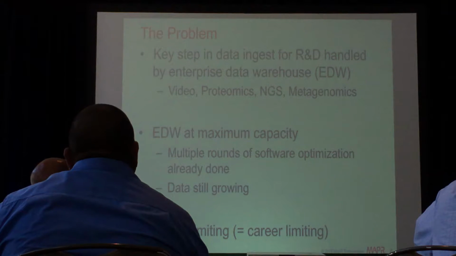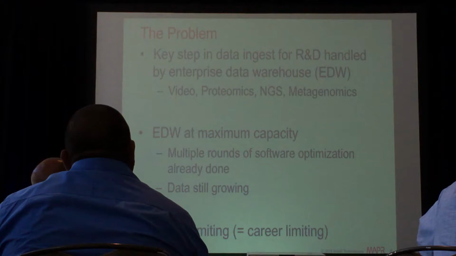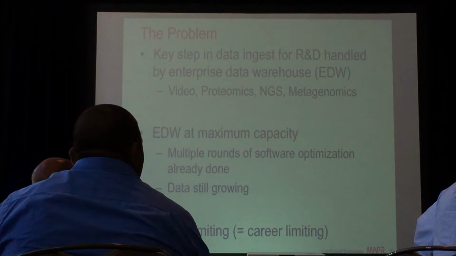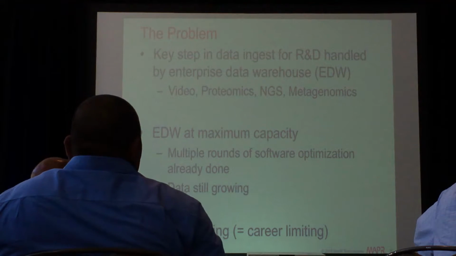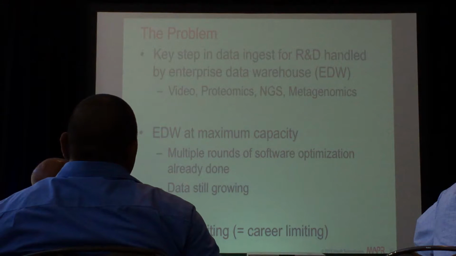What they're finding is that their data warehouse was at maximum capacity. They'd already increased the size of it and tried to improve the procedures running inside the data warehouse environment to do the data load, but that optimization just wasn't helping anymore, and the data were still growing. So this led to a problem for the execs taking care of this.